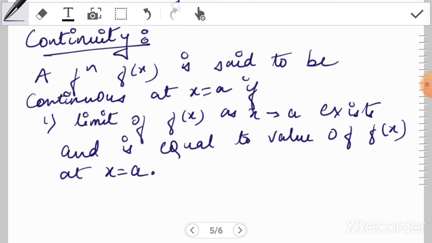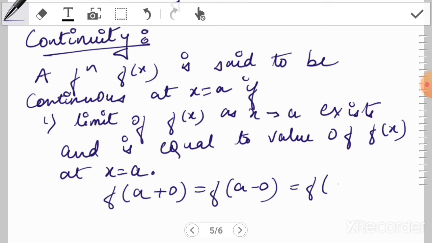So the function is continuous at x is equal to a if we have f(a+0) is equal to f(a-0) is equal to f(a), otherwise it is discontinuous at x is equal to a.